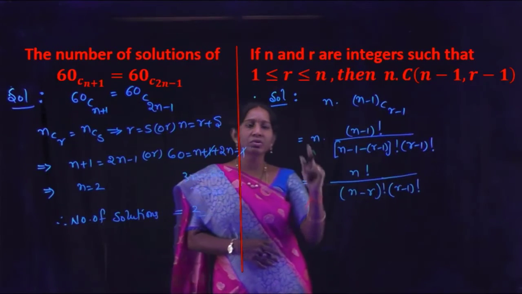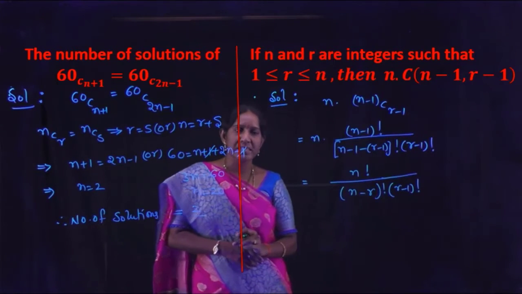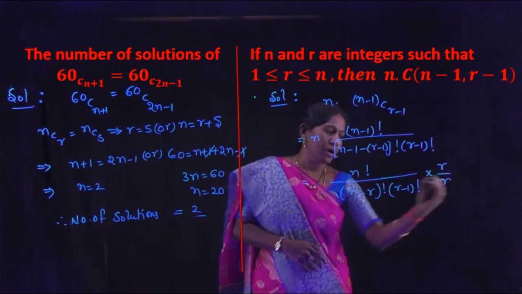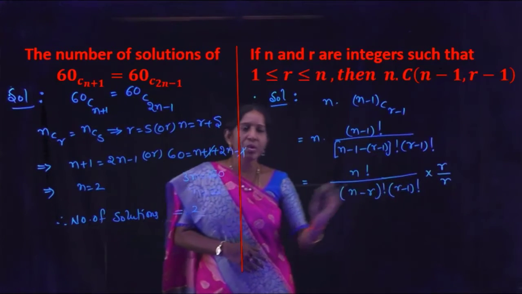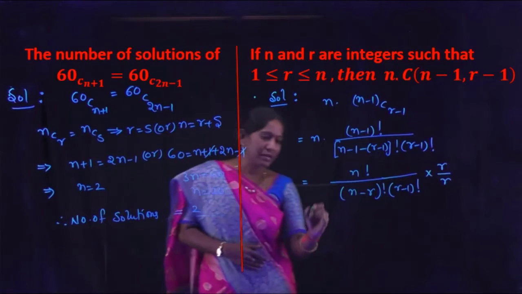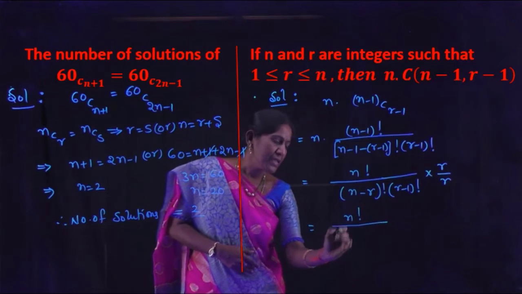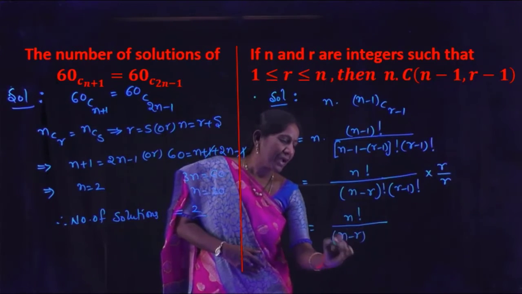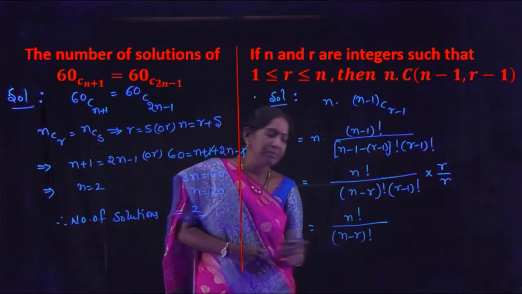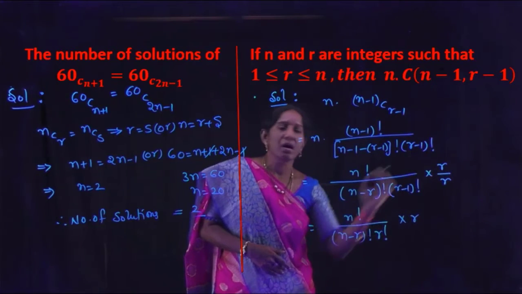Here, we have to do one thing. What's that? (r minus 1) factorial is there. So, if we multiply and divide with this, r into (r minus 1) factorial can be written as r factorial. So then it is n factorial by (n minus r) factorial, r into (r minus 1) factorial can be denoted as r factorial into r.